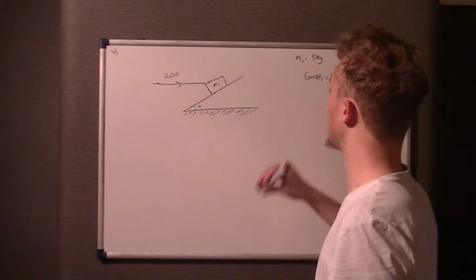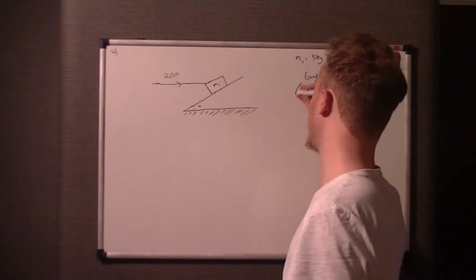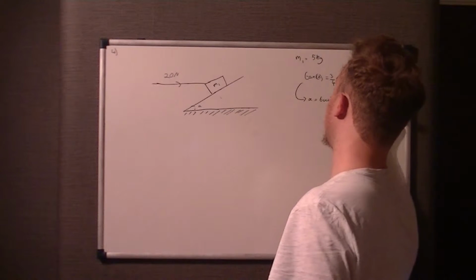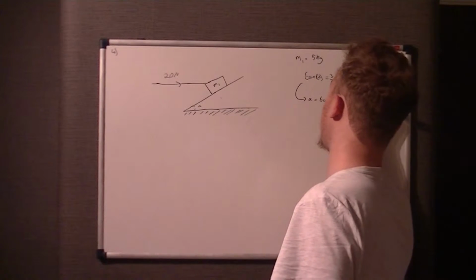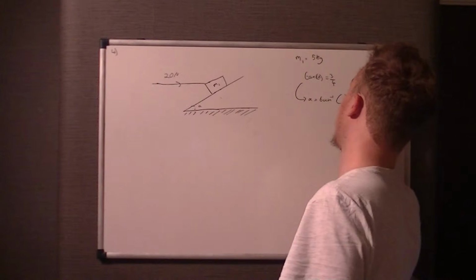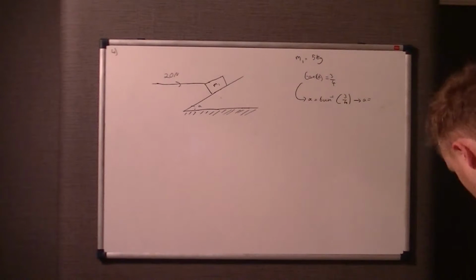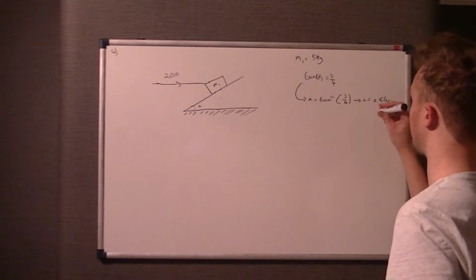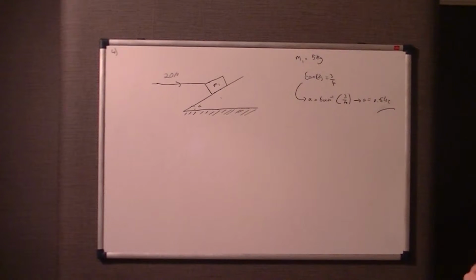So you could work out that alpha is equal to tan inverse, or arctan in the old way, of 3/4, which should get you alpha to be 0.64 radians. It doesn't matter which way around you use it, you'll end up getting the same answer that they want you to get.